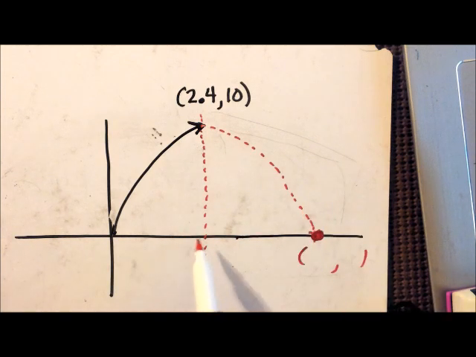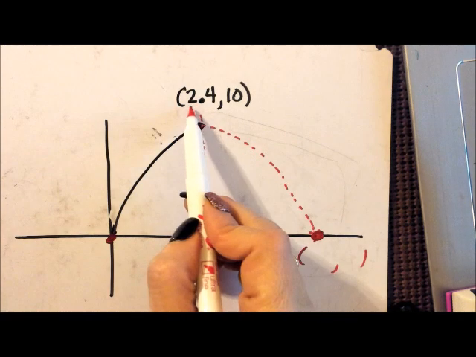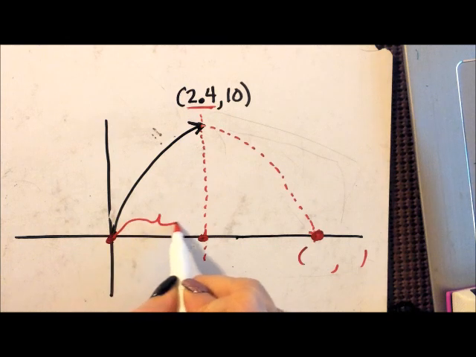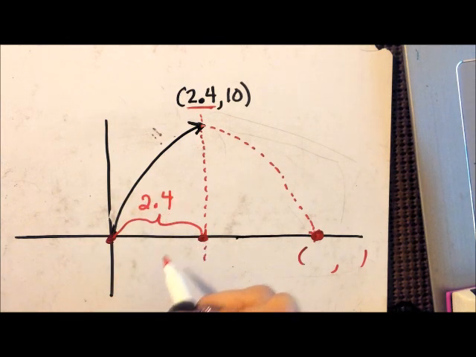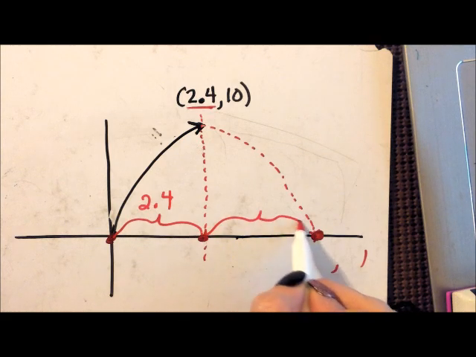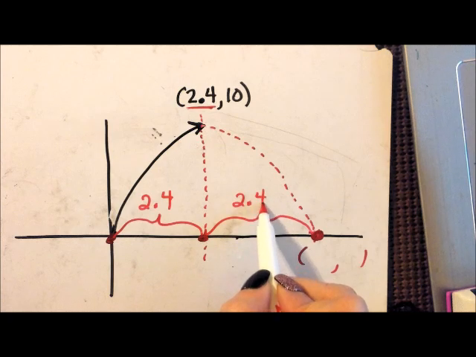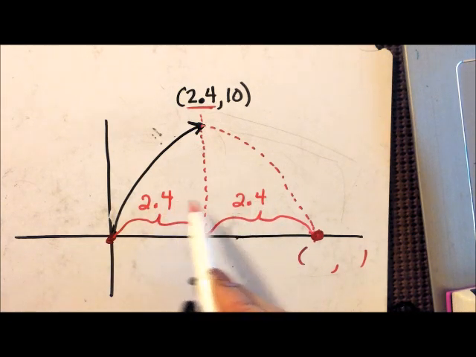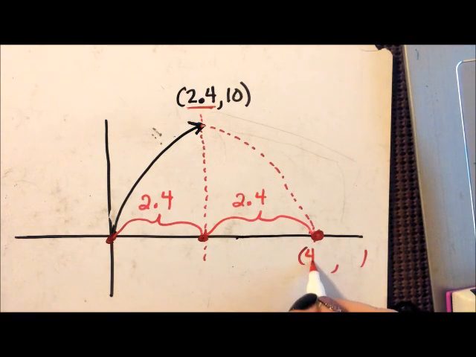Here's what I know. The distance from here to here is the x, right? So this distance here is 2.4. What does that mean about this distance from here to here? Yeah, it's also 2.4. 2.4 and 2.4 is 4.8.